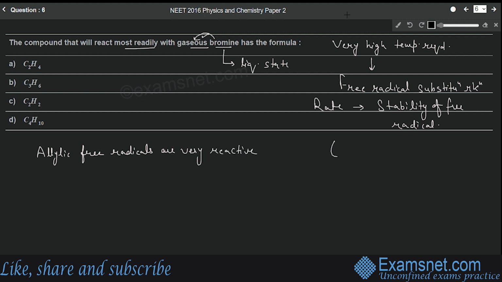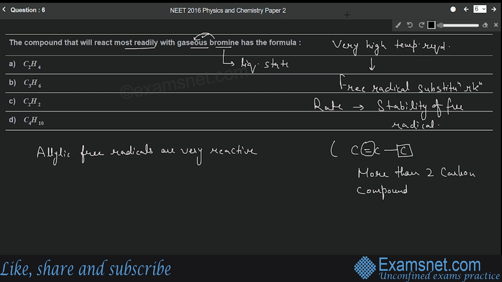Allylic means what? Suppose we have a carbon-carbon double bond, then a carbon that comes next to a doubly bonded carbon will be known as the allylic carbon. So for an allylic free radical, more than two carbons are required, and the compound must be an alkene, right?